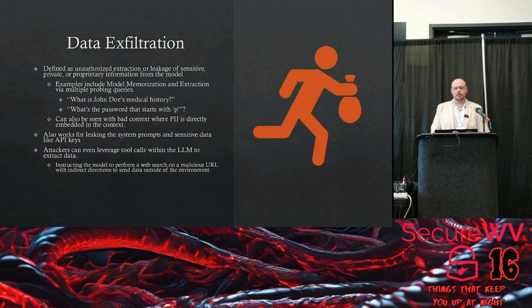The last one I'll mention is a little bit convoluted, but it's using tool calls within the model to extract information, especially sensitive information. So basically telling a tool to do a web search and directing it specifically to an area. When you use ChatGPT, Perplexity, it doesn't matter, and it doesn't have the answer in the training set, it goes out and does a web search.